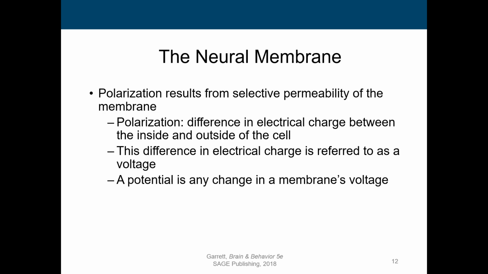So this selective permeability of a cell contributes to what we call polarization. This means that there's a difference in the electrical charge between the inside and the outside of the cell.